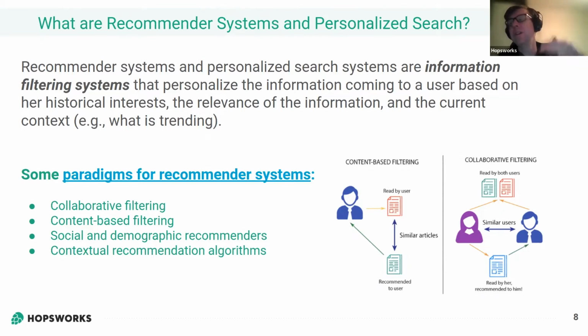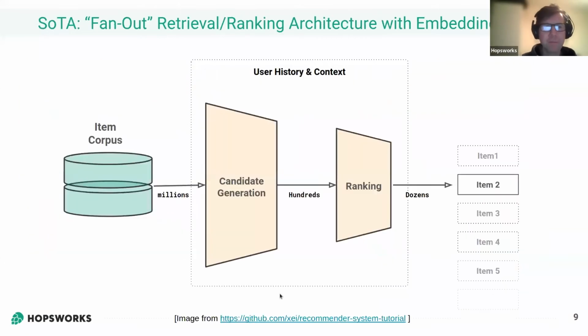It'll say, this is recommended for you, and this is content that was viewed by people who are similar to you. So they're not just giving you one recommender, they're giving you more than one recommender to return your suggestions. There are other types of recommenders, so you can recommend based on a person's social or demographic context. And then you can take general contextual recommendation algorithms, which is outside the scope of today.